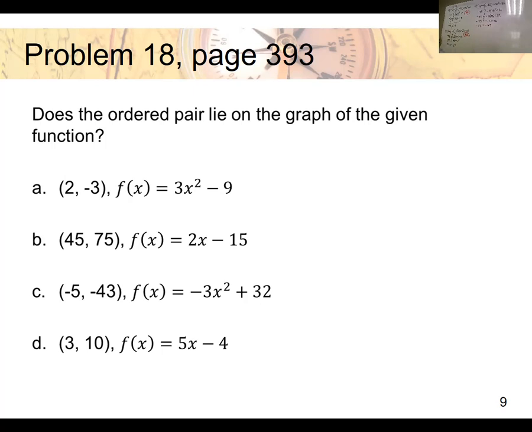So that means the ordered pair -5, -43 is the ordered pair that lies on the graph of that function. Okay. Questions on part C?